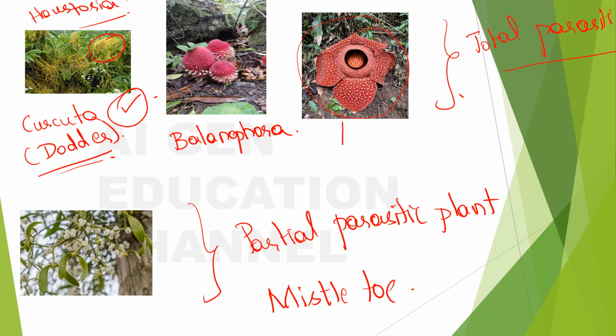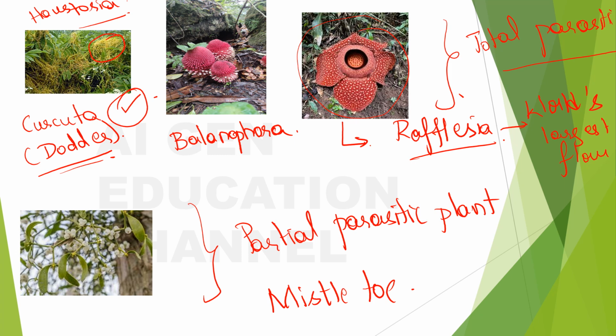This plant is called Rafflesia. Rafflesia produces the world's largest flower, and it is also a total parasitic plant. It infiltrates the roots of a vine plant.